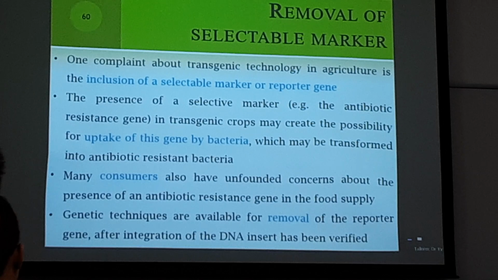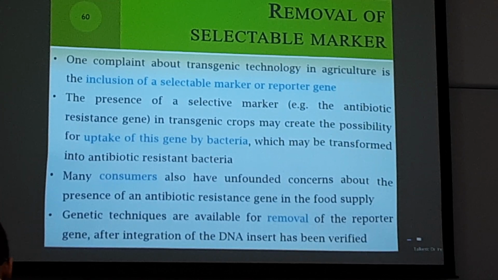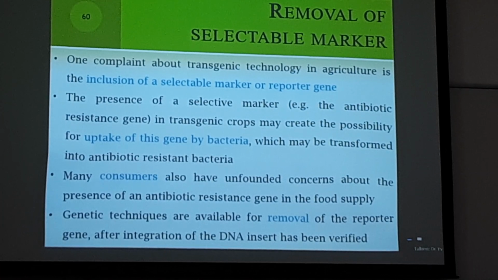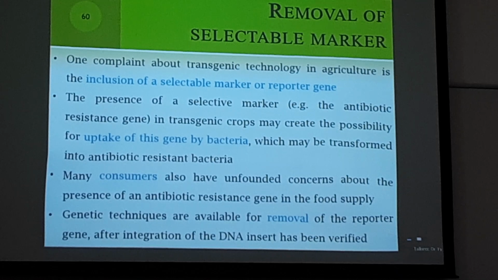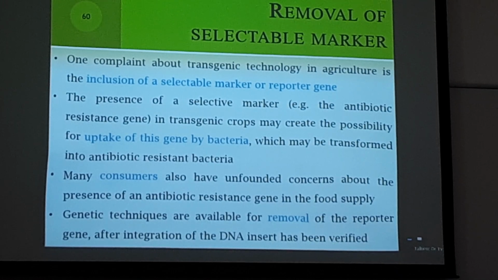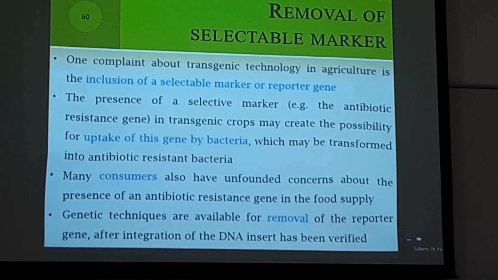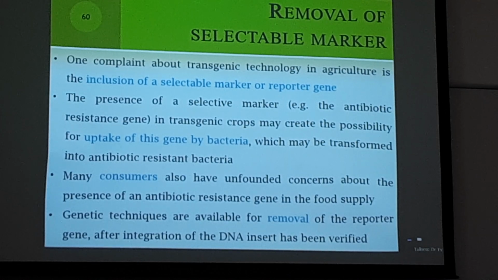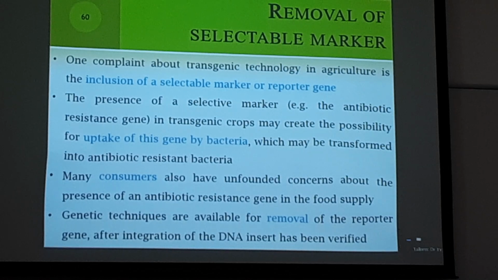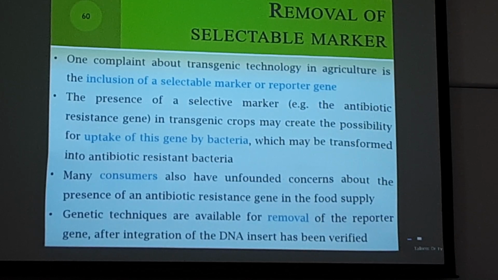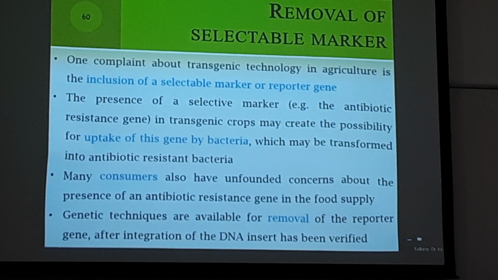And then there is again a very practical issue. We want to make transgenic plants, and then they are GM food. But people are concerned about new DNA being added into the food. So we want to minimize the extra genes in there. So we have to be able to remove those reporter genes and selectable markers, because they are there for screening only.